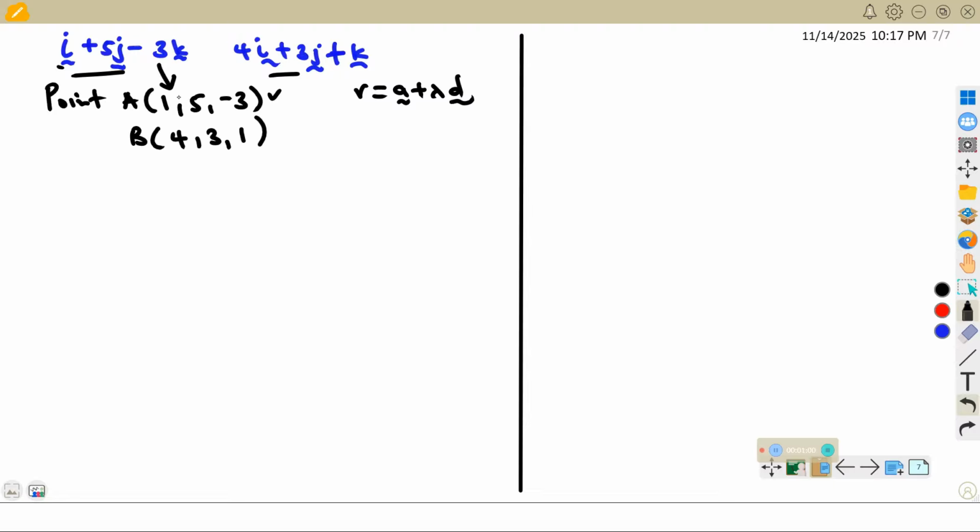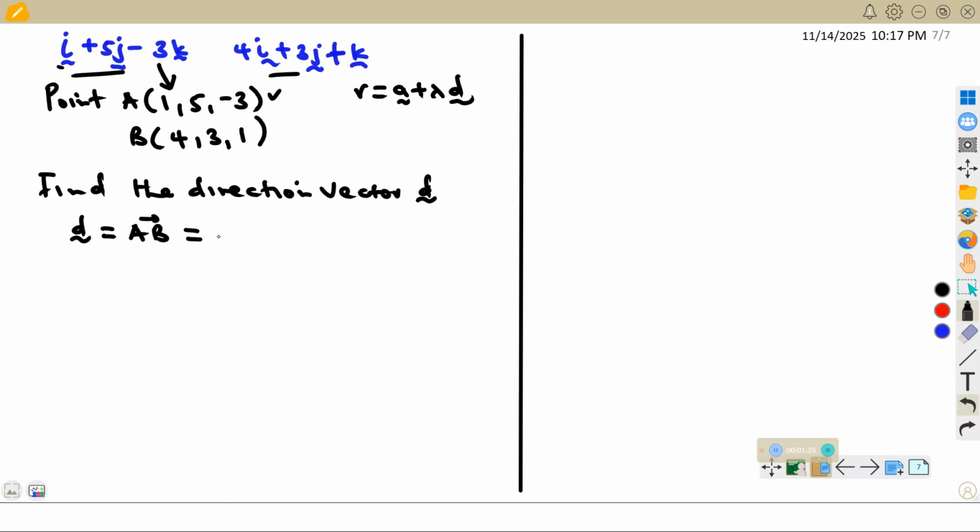So here we have identified the coordinates of the points that the line is passing through, and next we want to find the direction vector d. So d is the same as AB, and AB is the same as OB minus OA.